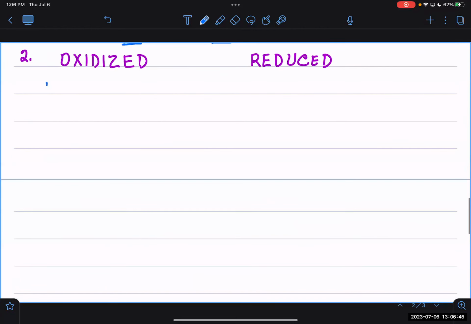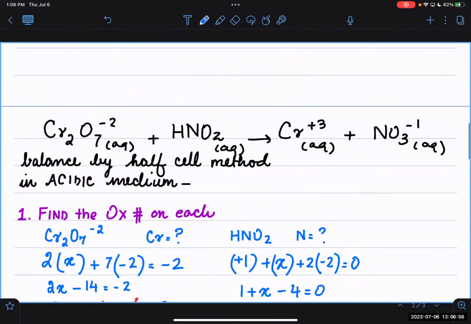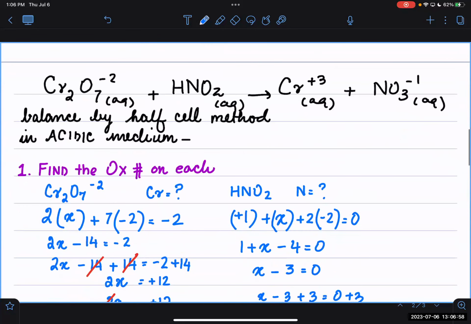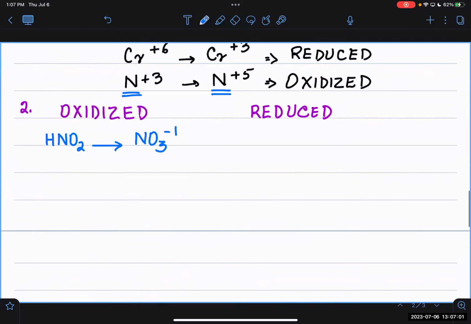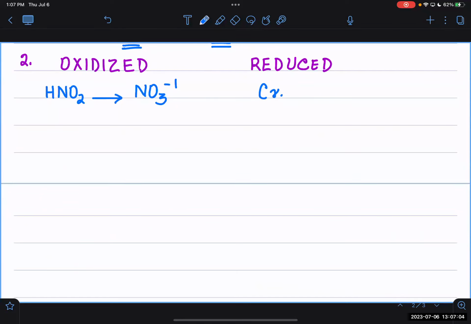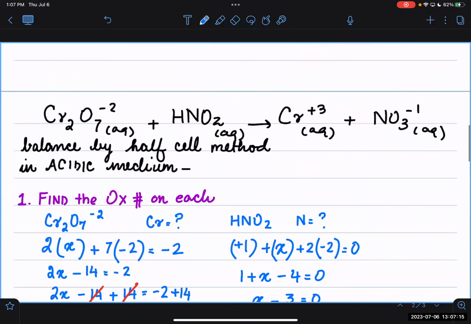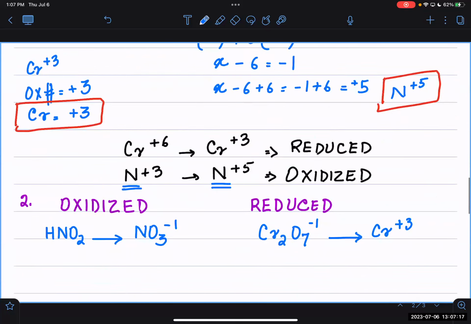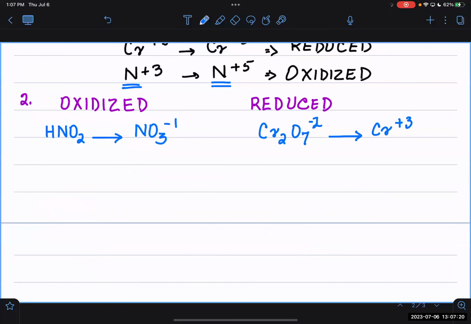So oxidized: HNO2 giving you NO3 minus 1. Reduced is chromium, dichromate: Cr2O7 minus 2, sorry, minus 2, giving you Cr plus 3.